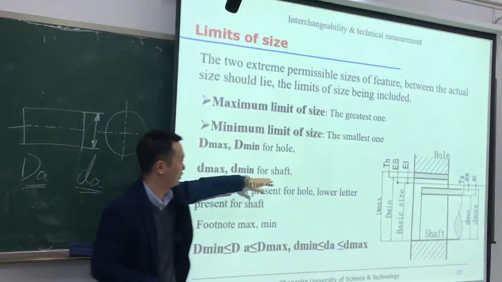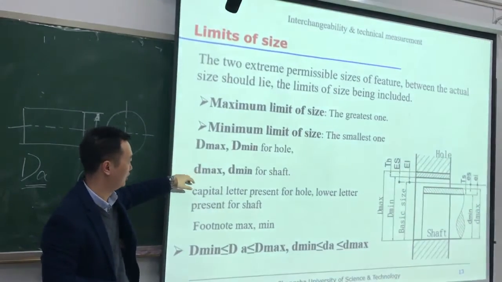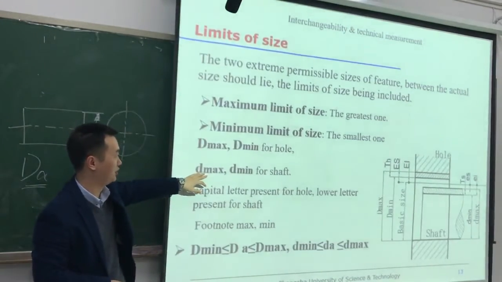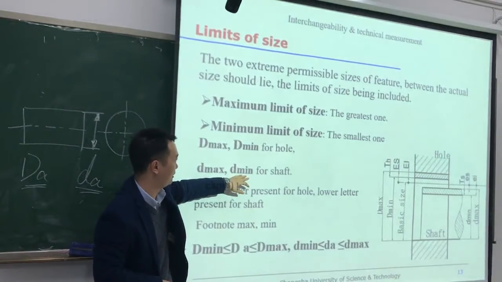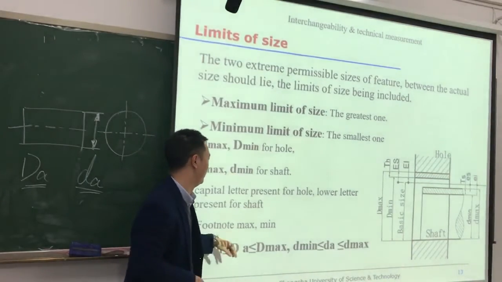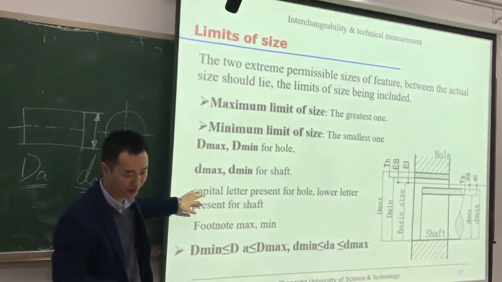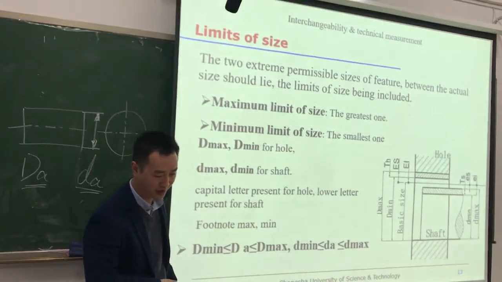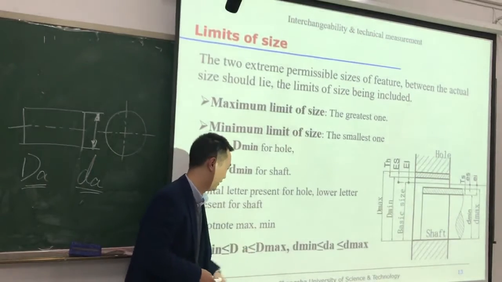Remember, when it is associated with the shaft, we use the lowercase d. So for the shaft, we have the maximum limit of size, and the minimum limit of size, which is lowercase d and the minimum. As printed here, the capital letter is for the hole, lowercase is for the shaft. The footnote is max or min.